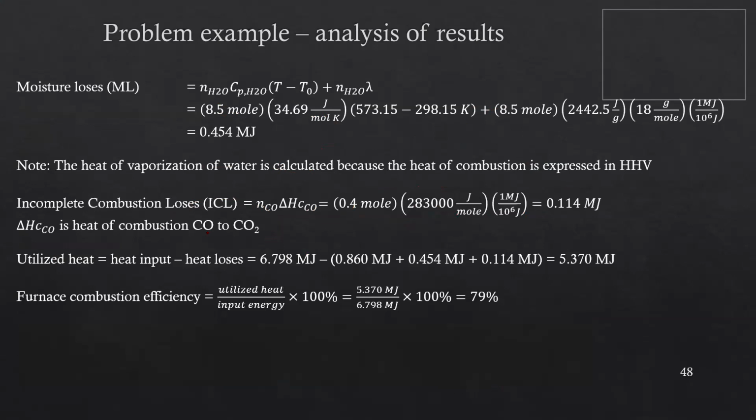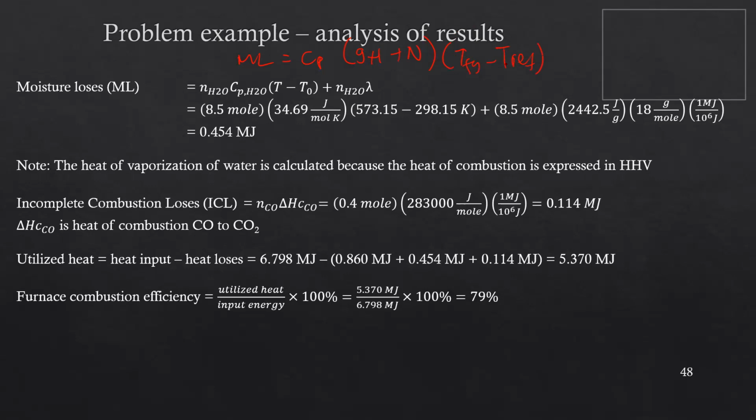Okay, so for the moisture losses, there's another formula to calculate it. Previously we had the formula ML equals Cp multiplied by 9H plus W multiplied by the temperature of the flue gas minus the temperature of the reference.